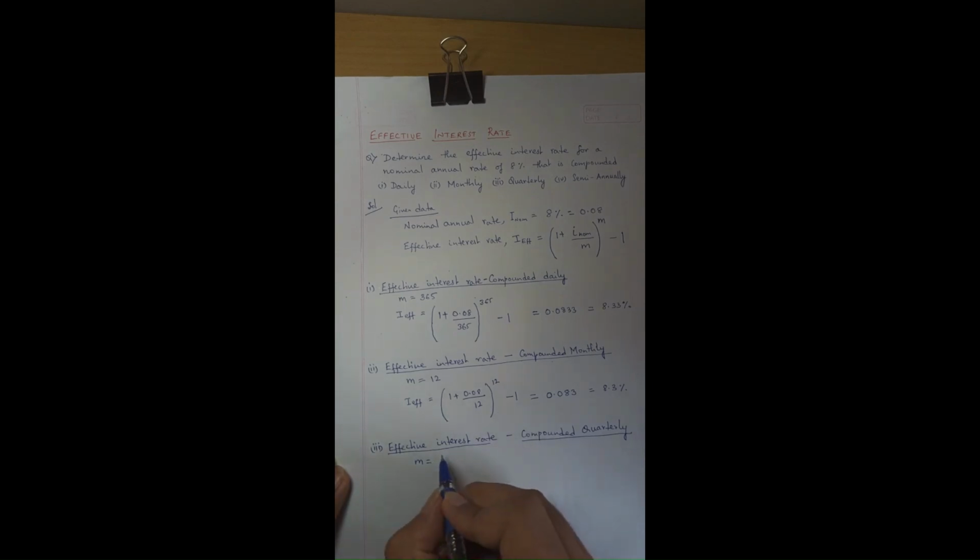Therefore, the value of M for this will be 4. Now we'll calculate the effective interest rate IEFF, which is equal to (1 plus 0.08 divided by 4) whole to the power of 4, minus 1. If you solve this, you are going to get I effective equal to 0.0824, which in percentage is 8.24%.